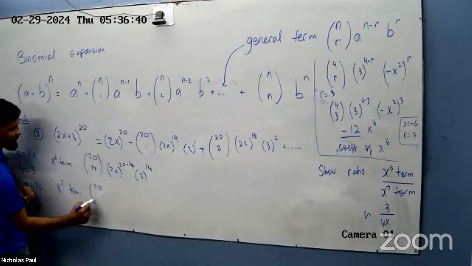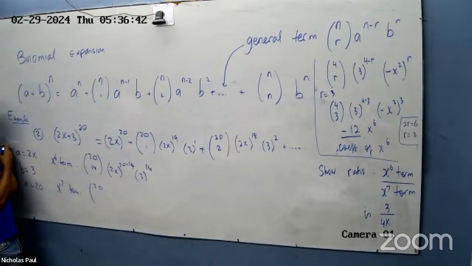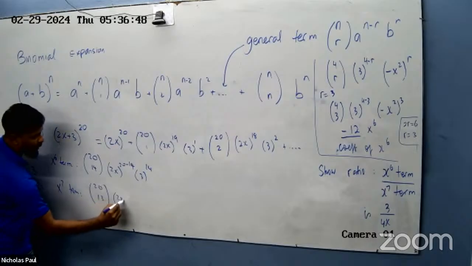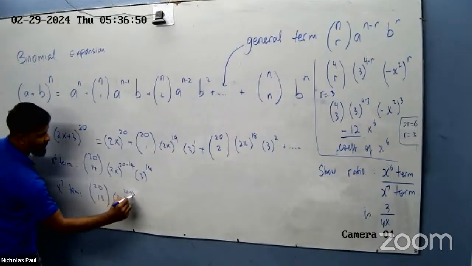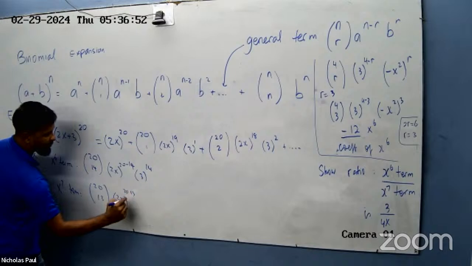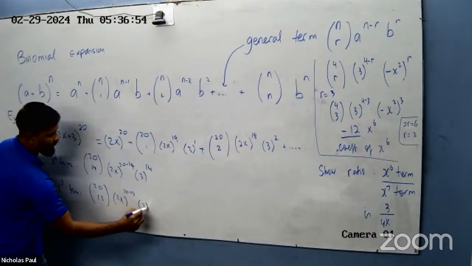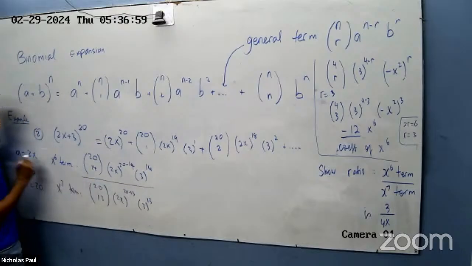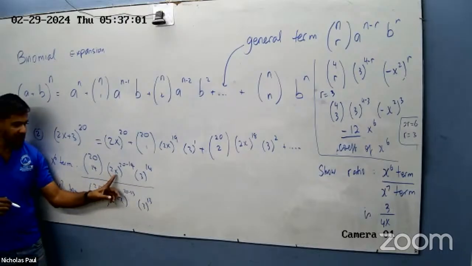That'll be 20 over what? What will give us 7? How much? 13. So that'll be 2x to the 20 minus 13, 3 to the 13. And they said they want the ratio, so just put them in a calculator. Of course, please leave out the x, right?